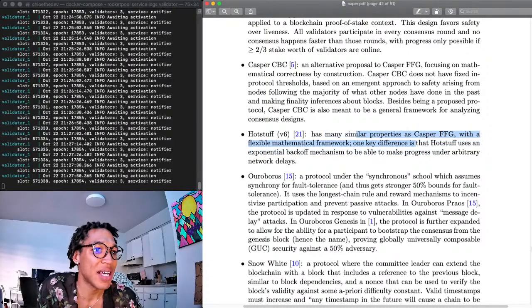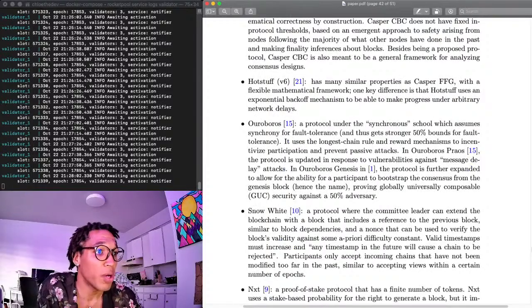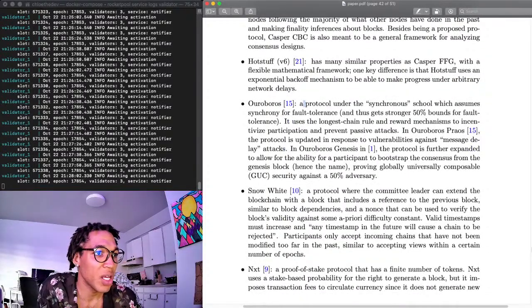The key difference is that HotStuff uses an exponential backoff mechanism to be able to make progress under arbitrary network delays. Cool. There's Ouroboros, a synchronous protocol which assumes synchrony for fault tolerance and thus gets stronger 50% bounds for fault tolerance. And it uses the longest chain rule and reward mechanisms to incentivize participation and prevent passive attacks.